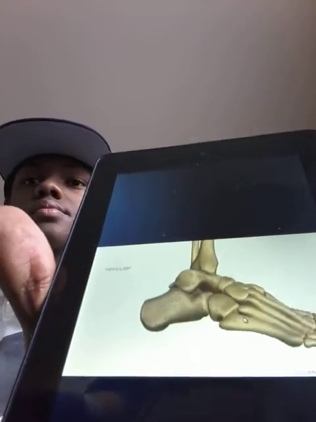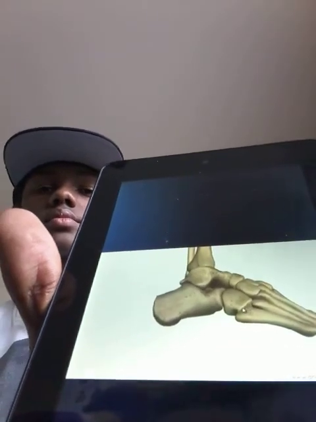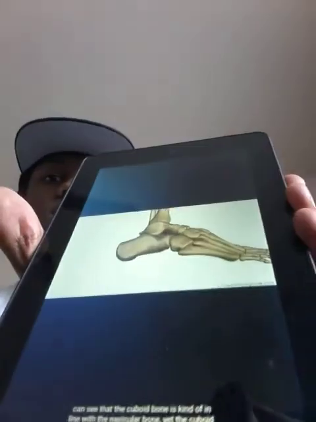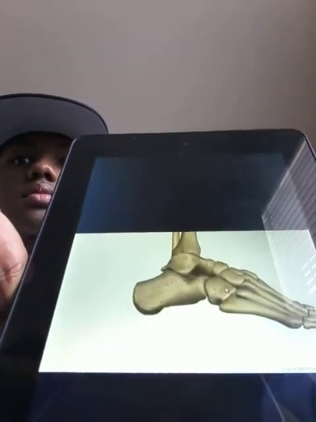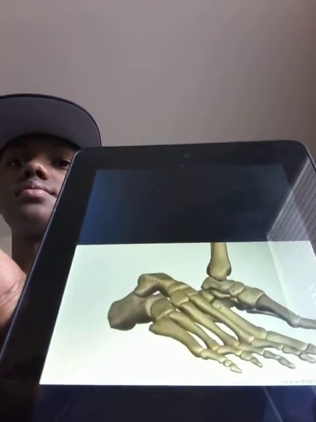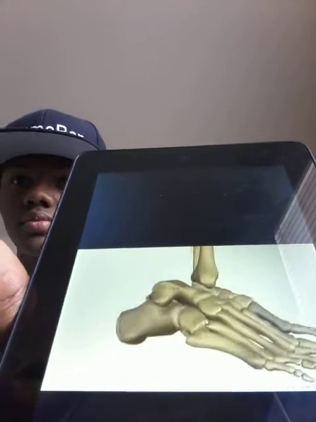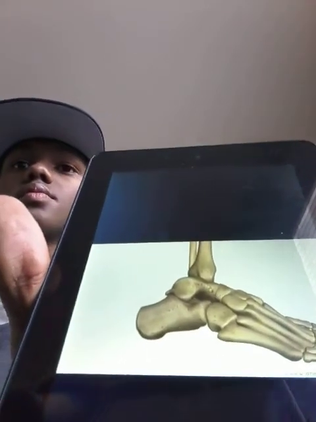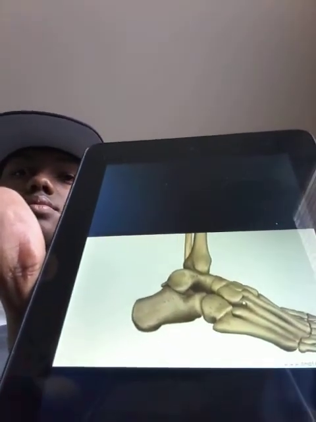I always used to get confused when I was learning about this, because by looking at this lateral view, you can see that the cuboid bone is kind of in line with the navicular bone, yet the cuboid bone is in the distal group. The distal group of tarsal bones are just those bones which articulate with the metatarsals. So the intermediate bone, this navicular bone, sits between the proximal row and the distal row of tarsal bones.